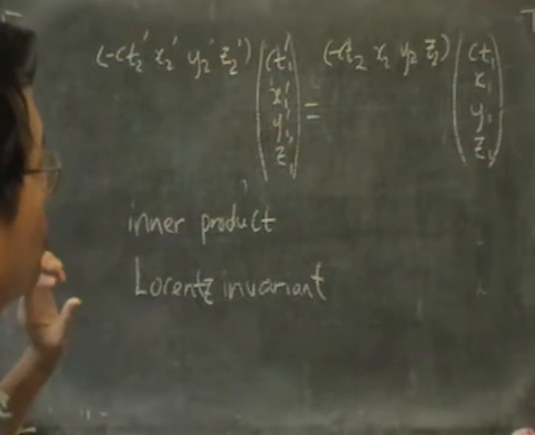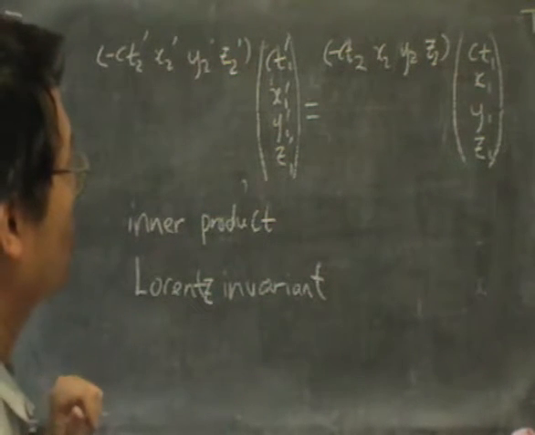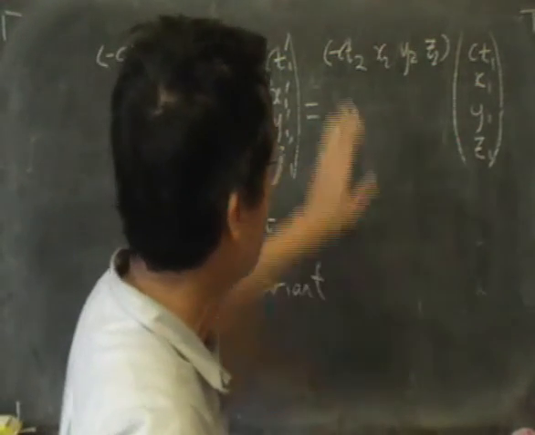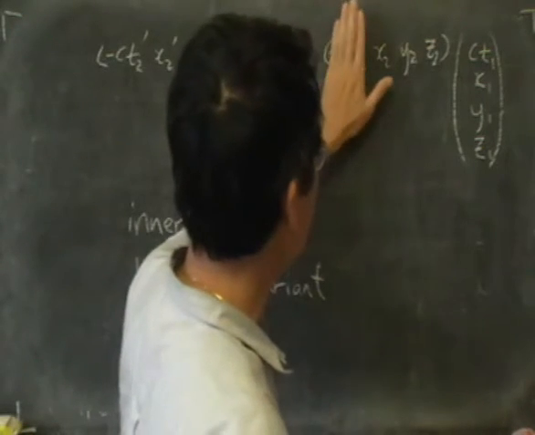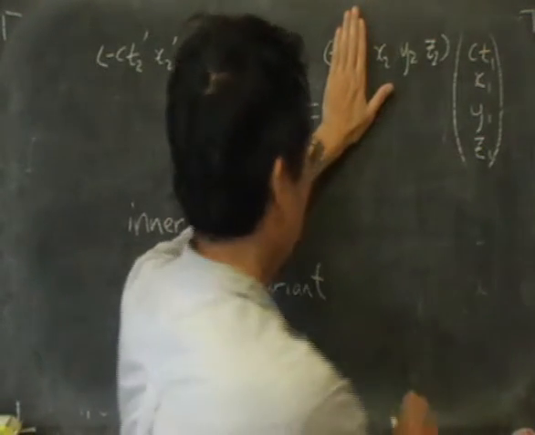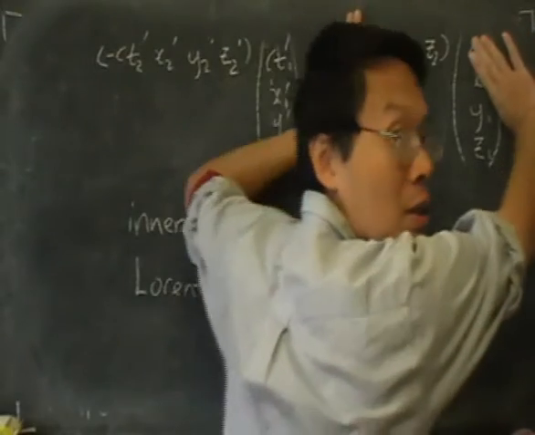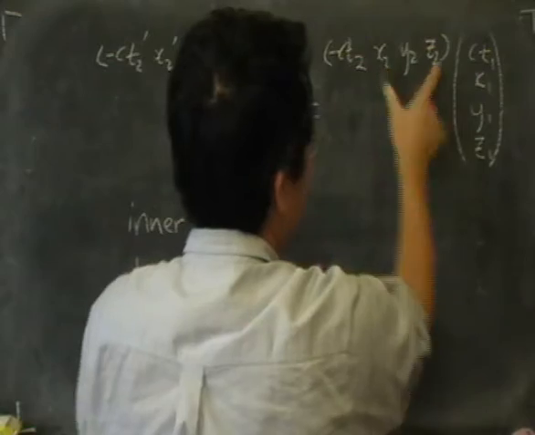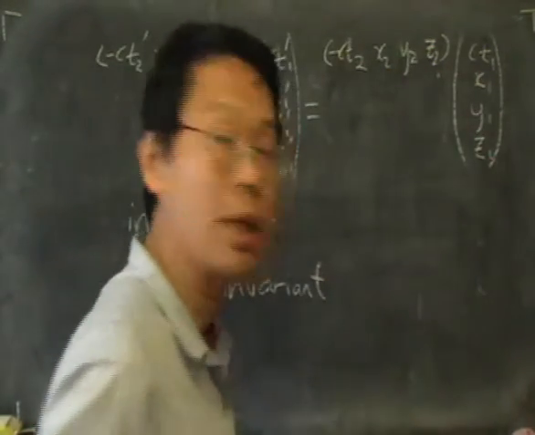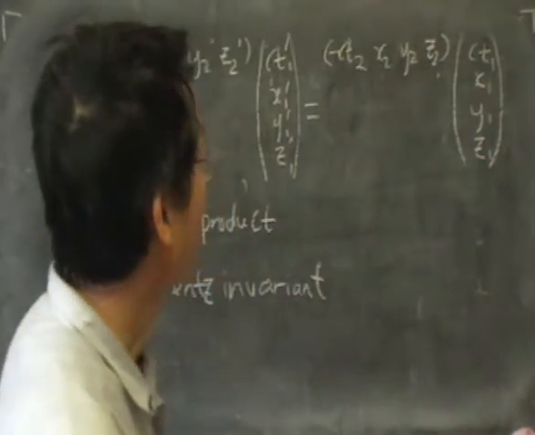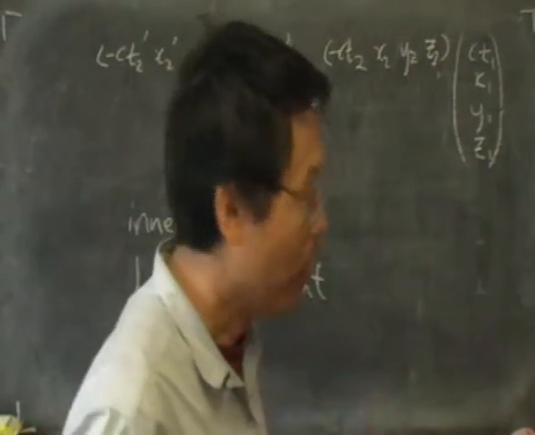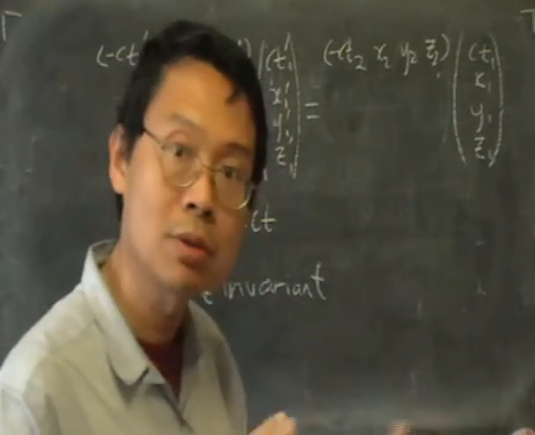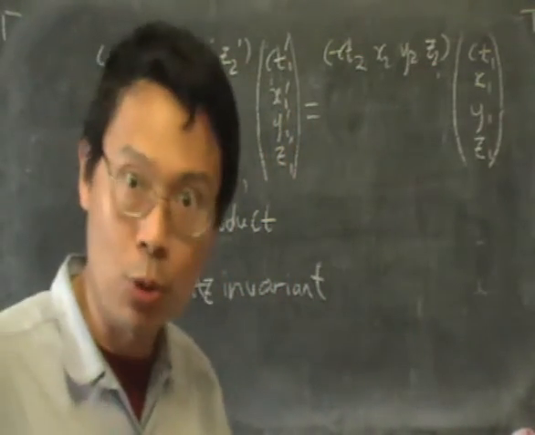Now a point about the actual calculation itself. If you look at those two vectors, let's say you ignore the ct there and the ct there, alright? If you ignore those two terms and just look at the x, y, z and the x, y, z, you would be just looking at the dot product in 3 dimensions. But now that we have included the ct, the actual calculation is not so different from doing a dot product.